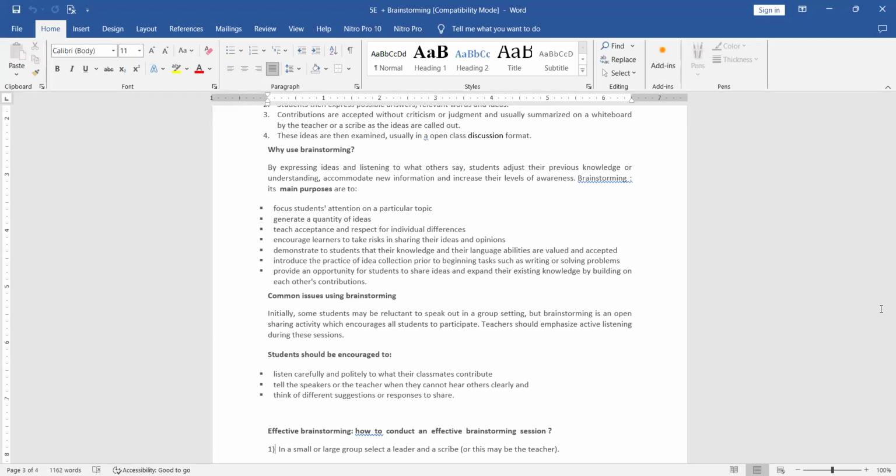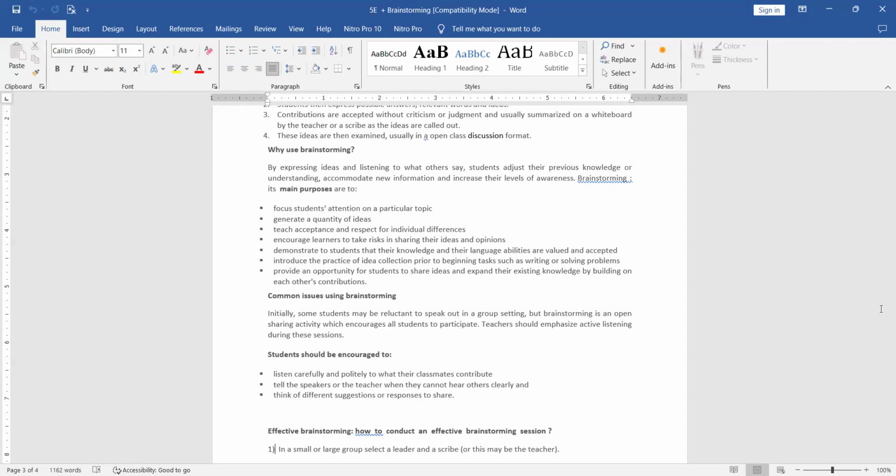That is it. Normally a brainstorming has two parts. The first part is brainstorming, a free flow of ideas. They are not going to stop to think, right? But after the brainstorming session, there should be the discussion.